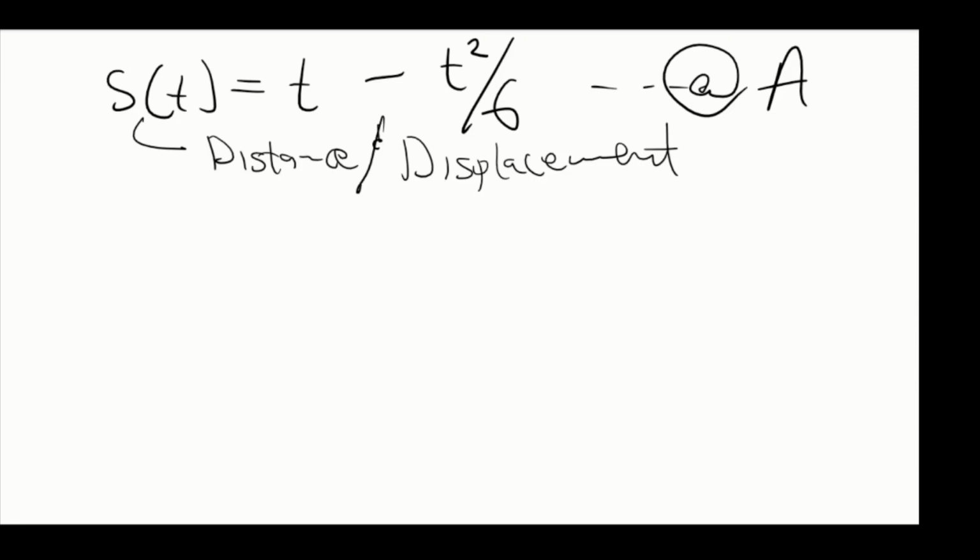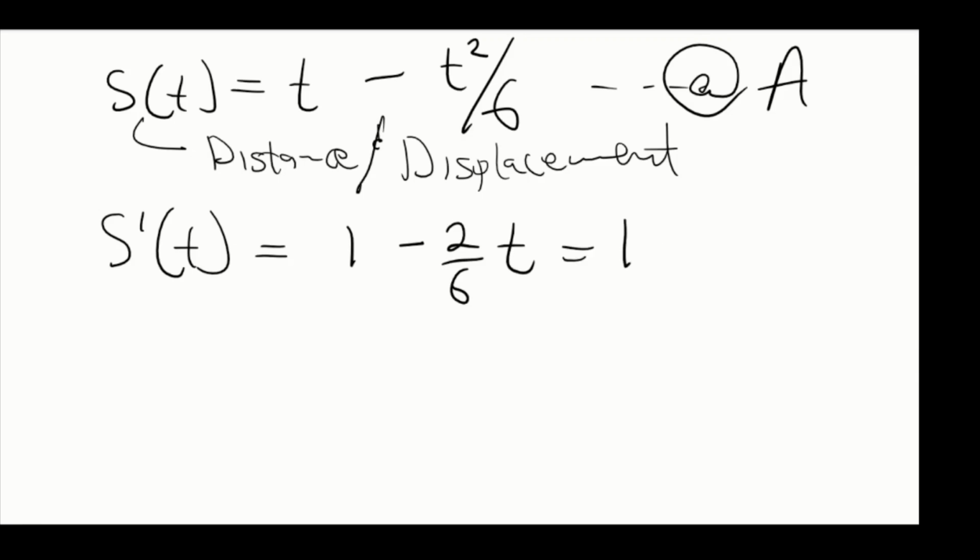When you derive the velocity, you get acceleration. So we're going to derive this distance here. We're going to have 1 minus 2/6 t, which would be 1 minus t/3. So this equation defines the velocity of the bus.